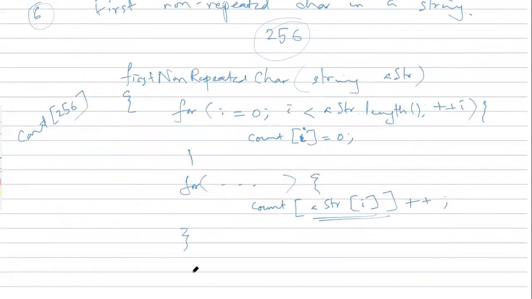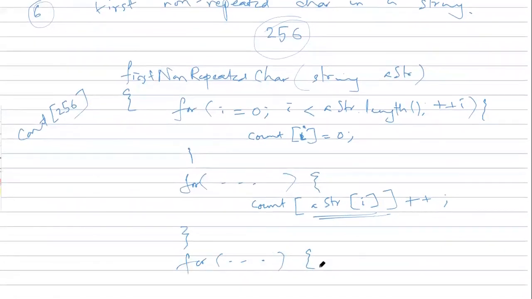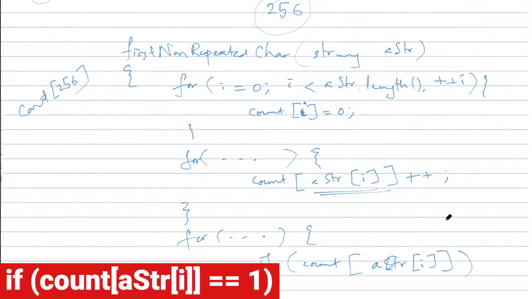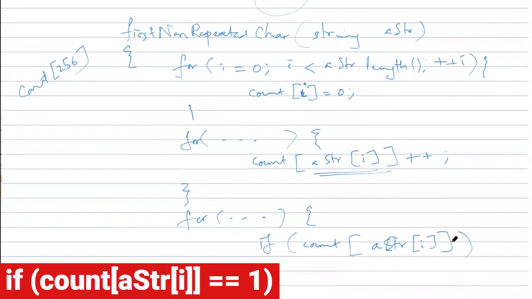So once you have done that, then the rest of the checking is just running another for loop where you just check if count corresponding to the str of i is essentially equal to 1, which means that there will be only one instance of that character.